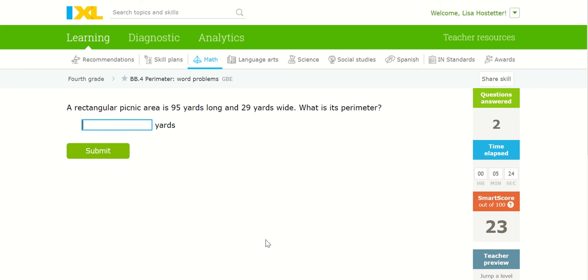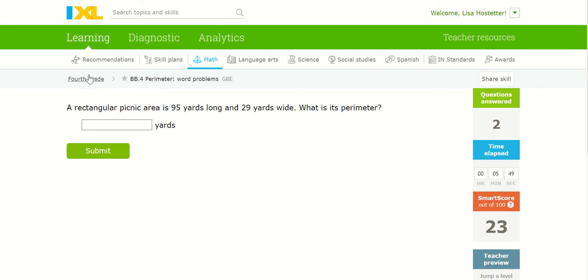So it's really important that you pay attention to the shape and that you pay attention to the words in the question. If it says that the total perimeter is a certain number, let's say it's 24, then you would take that 24 and divide it into 4 sides. So 24 divided by 4.